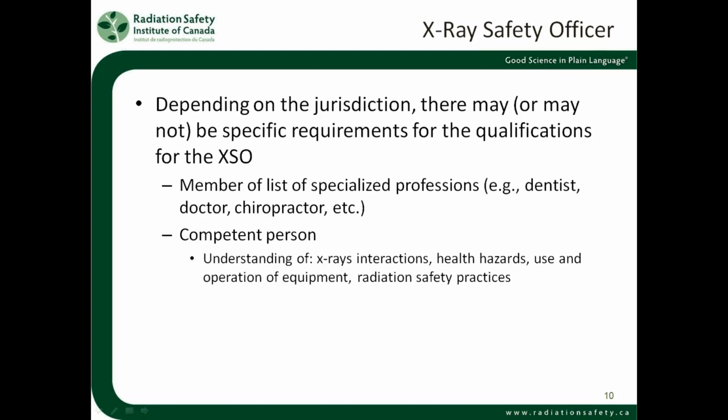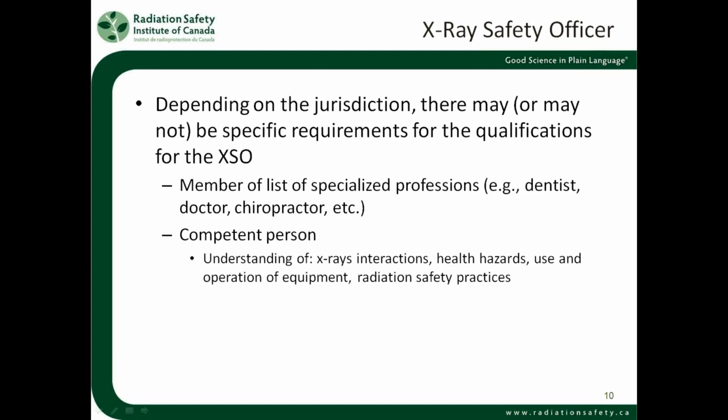Depending on the jurisdiction people are working in, there may or may not be specific requirements for the qualifications of this person who's in charge of the safety. In Ontario, for example, there is a list of specialized professions who may act as the X-ray safety officer, or there may just be an indication that the person has to be competent, meaning they have a good understanding of X-rays, the interactions of X-rays with materials, what the health hazards from X-rays are, how to use and operate the equipment, and how we protect people from radiation.